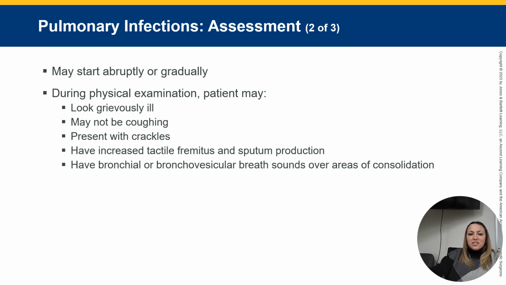In more advanced cases, you might see diminished or absent breath sounds. You might see thick, purulent, or really discolored sputum. Patients might even complain of chest pain when they breathe. And you might even hear a pleural friction rub over an area if they're having a lot of difficulty there.